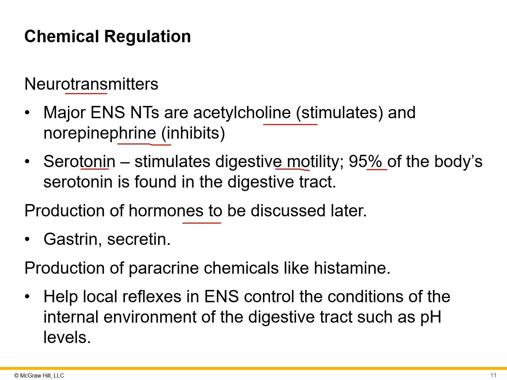And then various hormones that we'll talk about later on, like gastrin and secretin, get released as well to help. And then there are paracrine chemicals like histamine that can get released for local reflexes that control the conditions, like the pH levels within the stomach, which are controlled through those paracrine chemicals like, again, histamine.